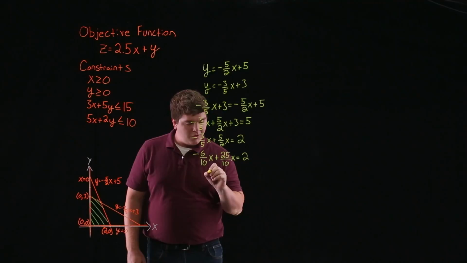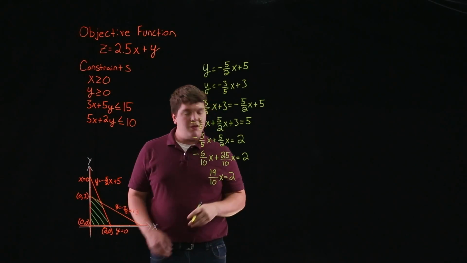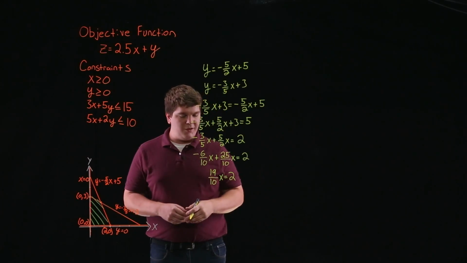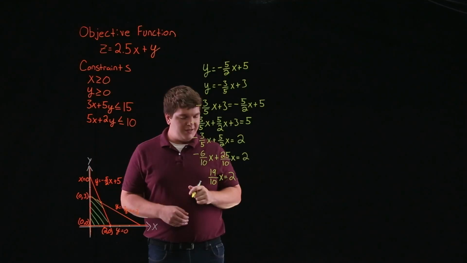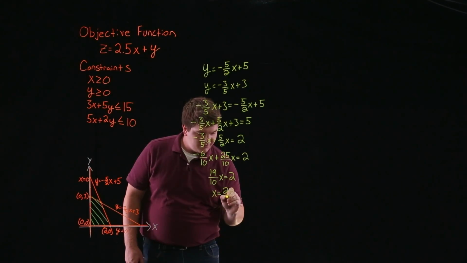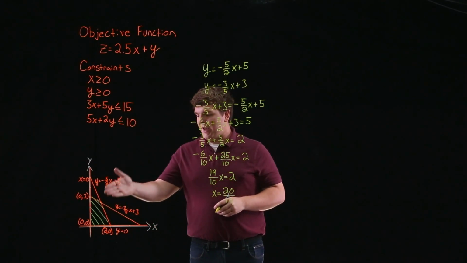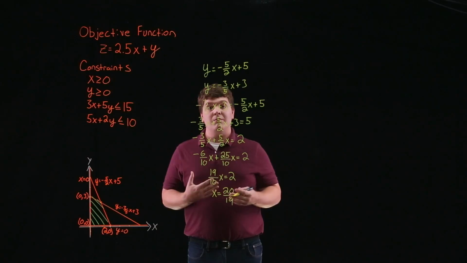Adding these, we'll have 19/10 x equals 2. Solving for x by multiplying both sides of the equation by 10/19, we'll have x is equal to 20/19. So this gives us the x-coordinate of this point.